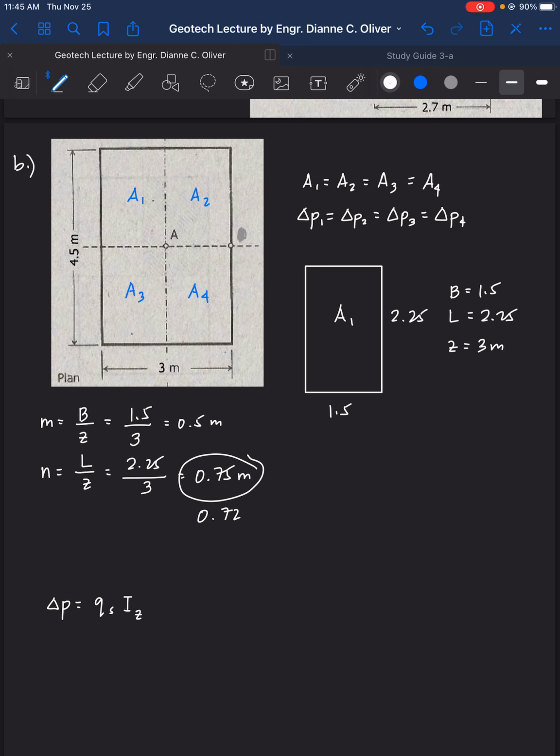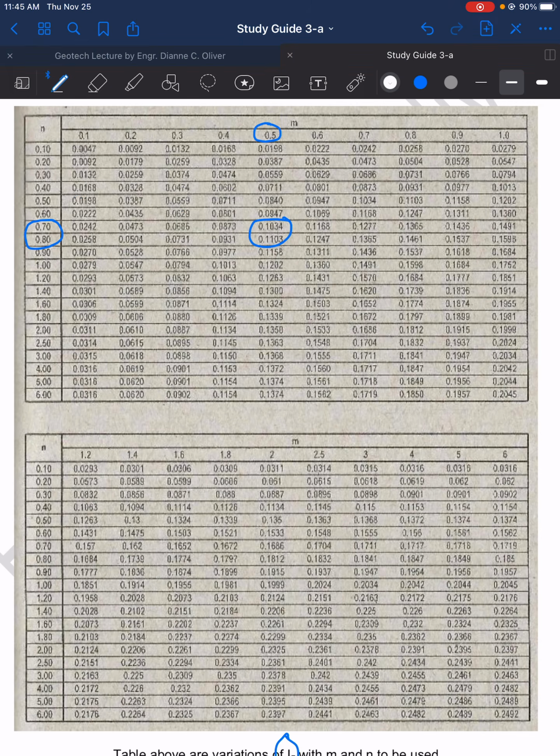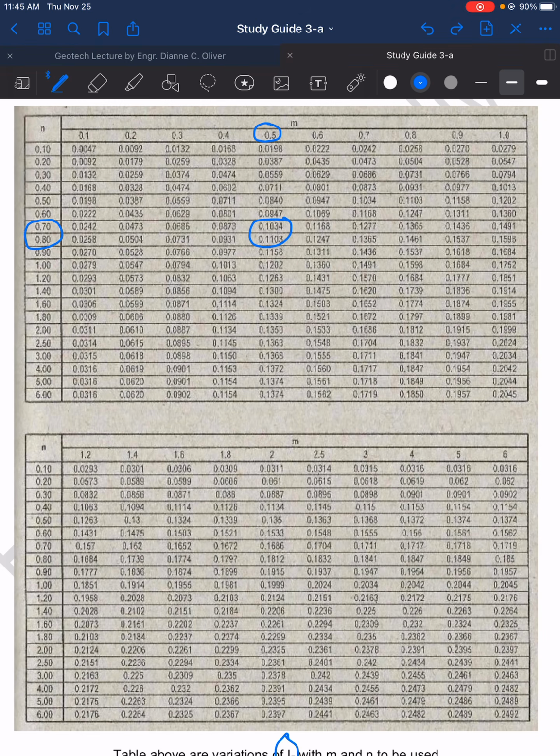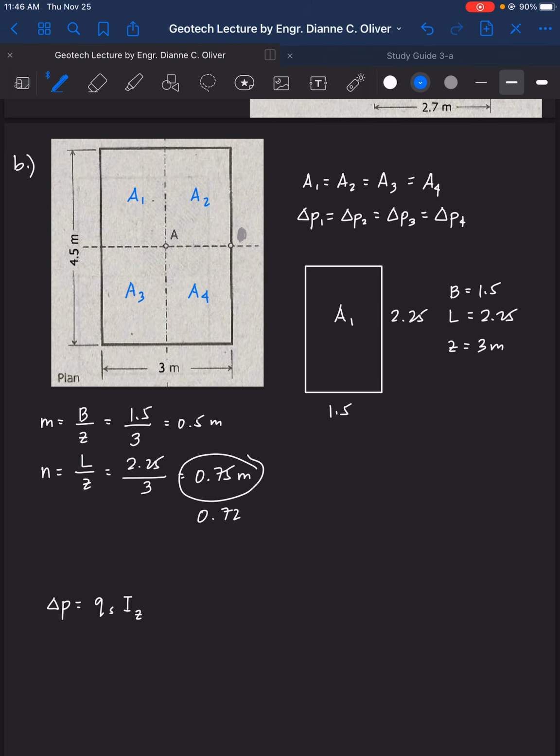You cannot simply divide by 2 here. So how will we get the value for 0.72? This table actually uses a linear scale, so we can interpolate linearly. So we will use linear interpolation. Let me make this clearer from the table.